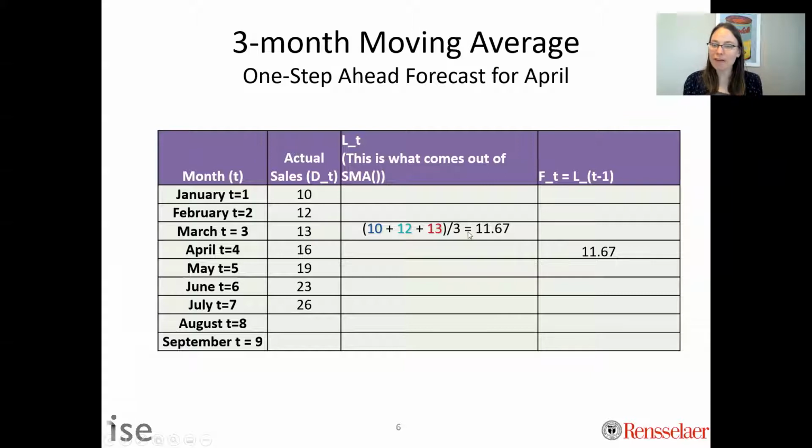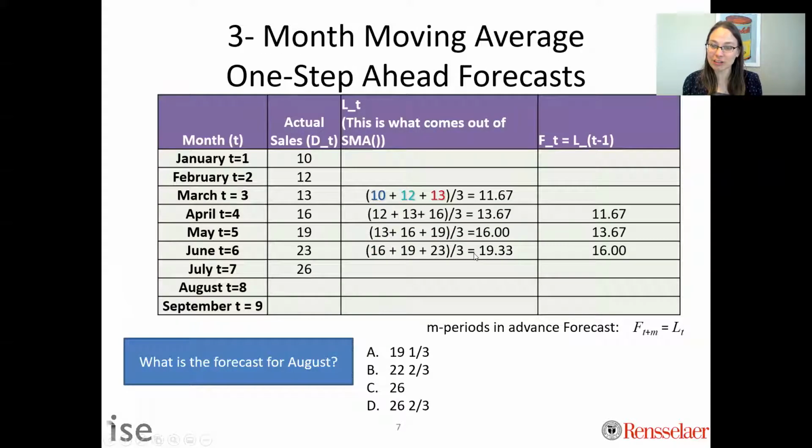And my forecast is just one period ahead. F of t is L of t minus 1. So my forecast for April is just my L of March, for example. And we can keep doing this. As you can see, there is a pattern. Computationally, it's really good to use computers, Excel, something like this.